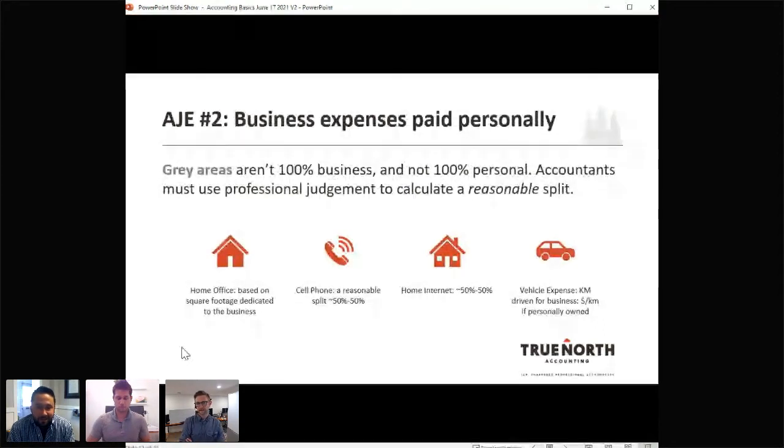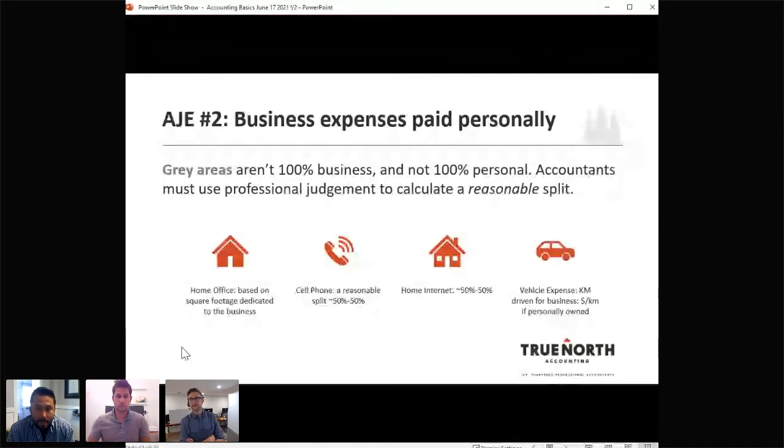Another example is these gray areas. So business expenses paid personally. Gray areas aren't 100% business, they're not 100% personal, and a knowledgeable accountant really has to apply professional judgment to recommend a reasonable split on this. Home office is a great example.